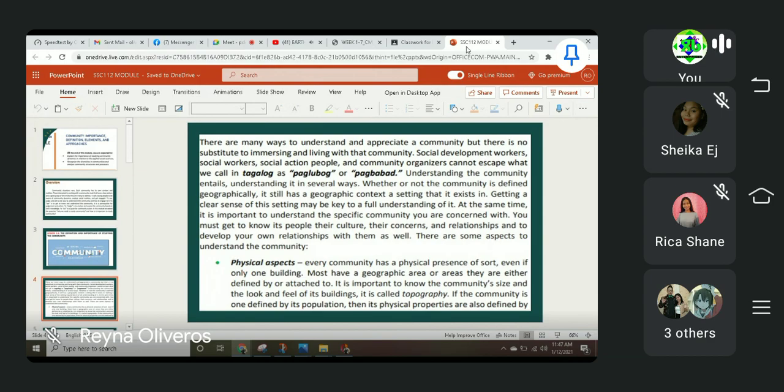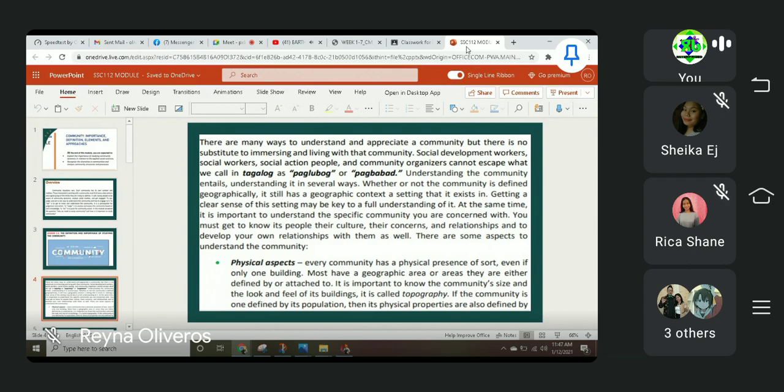Okay? So para mas maintindihan natin ano nga ba yung community at bakit nga ba mahalaga na inaaral natin kung anong meron sa kanya, alamin natin yung iba't ibang aspect. Let us know the different aspects in order for us to understand the community. So, the first one is the physical aspect.